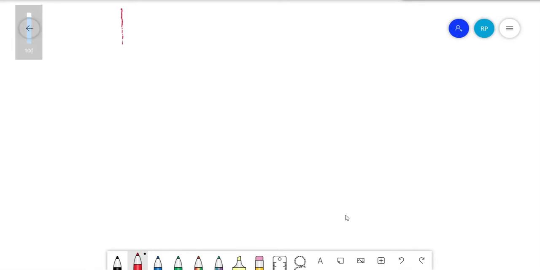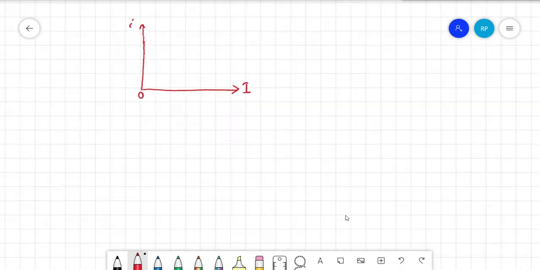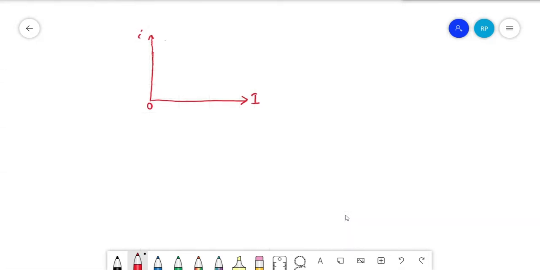We have already discussed that if you are measuring investment here and rate of interest here, then you get a downward sloping curve, which is known as the investment curve.